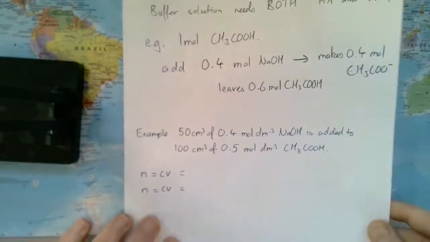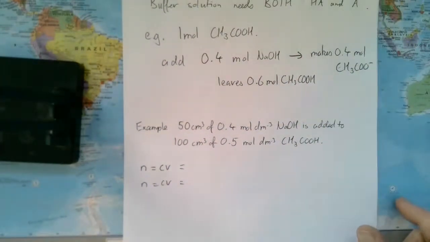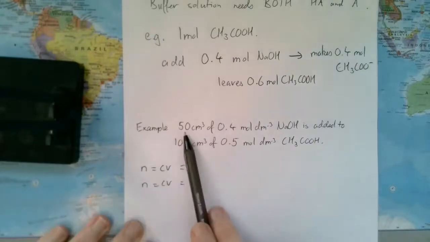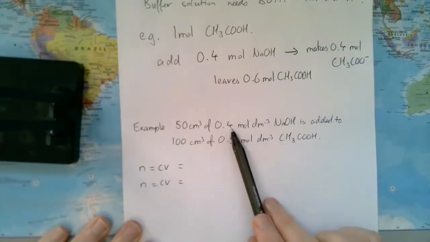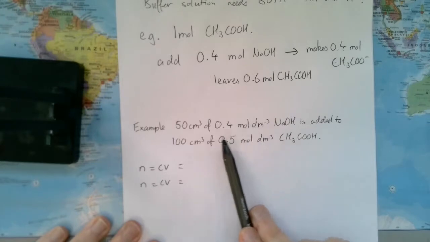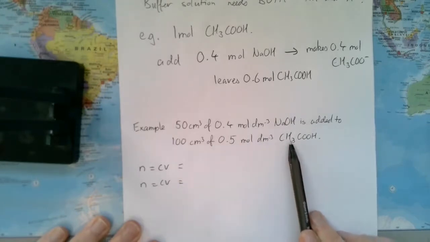So, in the example question that we've got here, 50 cubic centimetres of 0.4 moles per decimeter cubed sodium hydroxide is added to 100 cubic centimetres of 0.5 moles per decimeter cubed ethanoic acid. If you want to pause and try working your way through this and then reviewing it, I feel that would be helpful.